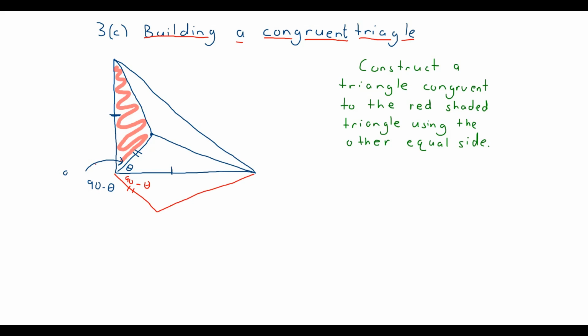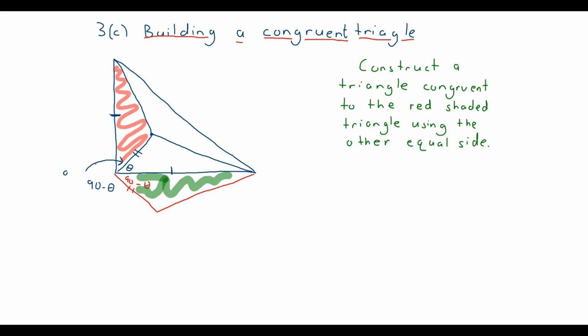Now if we look at our two triangles, this one and the one I've constructed: side, 90 minus theta angle, side. And I've constructed, of course, a second congruent triangle to this one here below it.